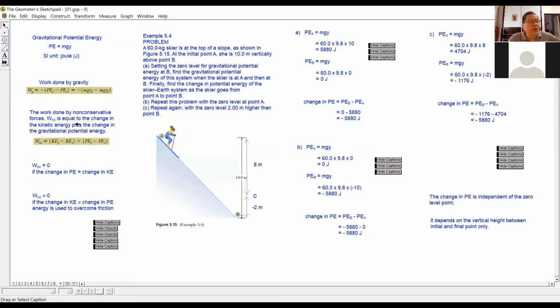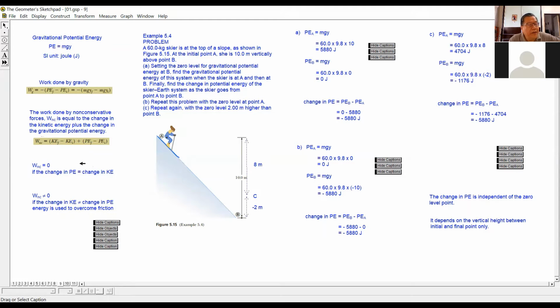Work done by non-conservative force. Non-conservative work done is equal to the change in kinetic energy plus the change in potential energy. What they are trying to say is that if there is no friction or resistance, then you can equate the change in kinetic energy with the change in gravitational potential energy.